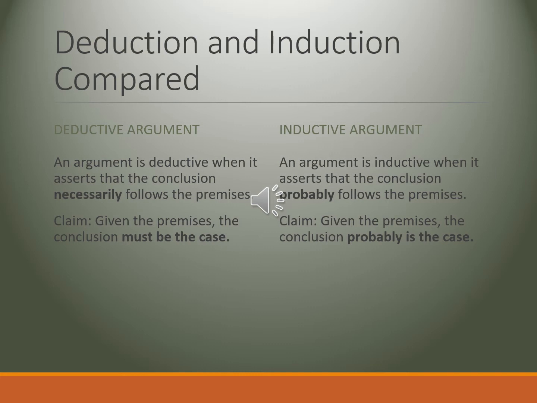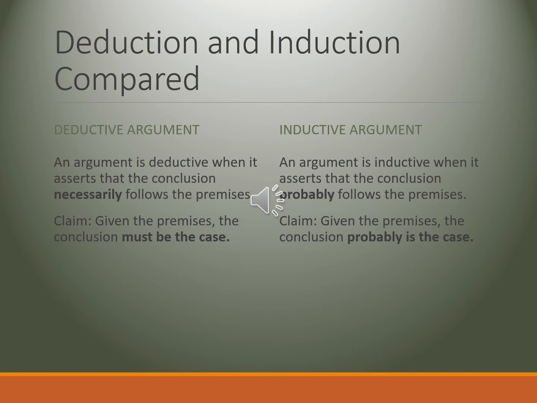And we're going to look at a variety of different types of arguments that are typically deductive in this way, where they make a claim that something has to be the case based on certain evidence. Now, in contrast, inductive arguments do not make claims of necessity. They make claims of probability or likelihood.